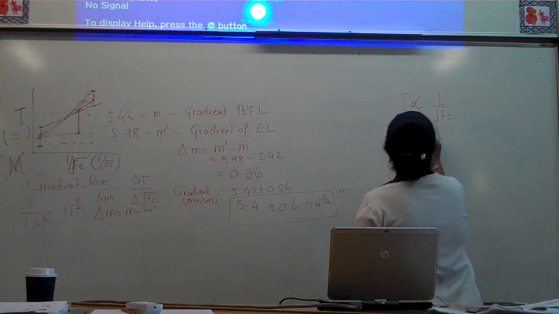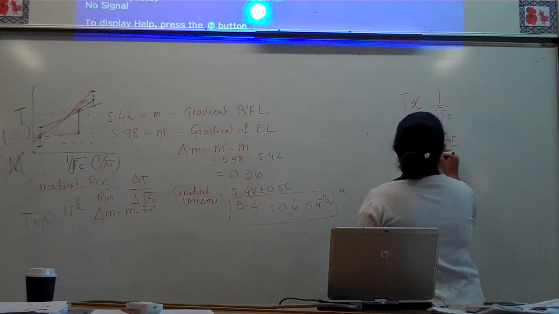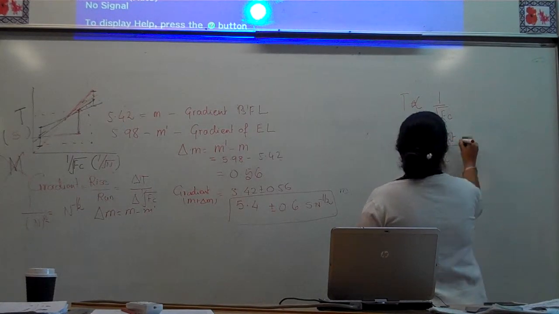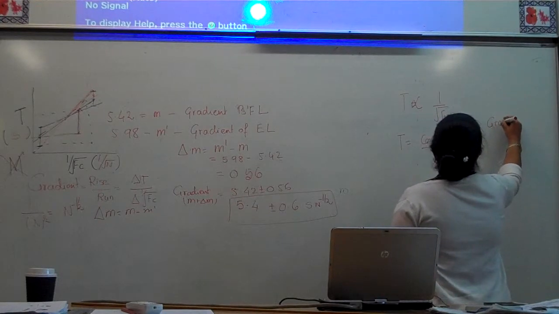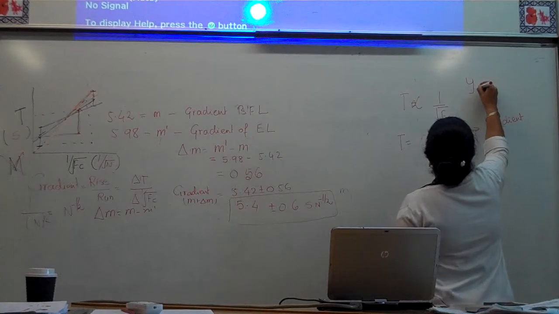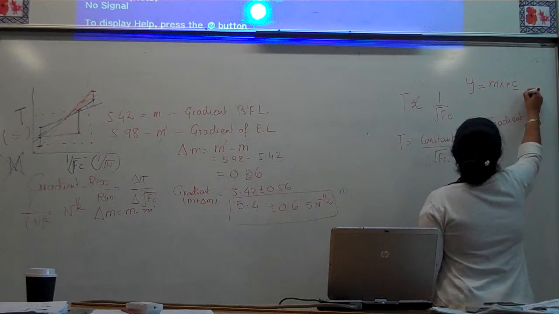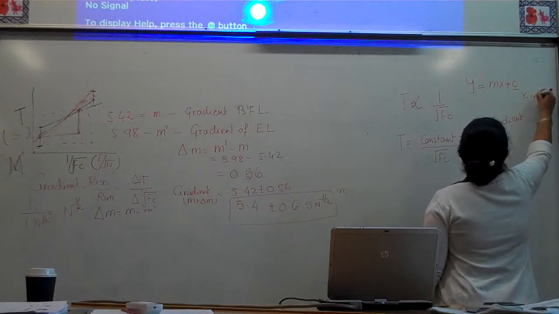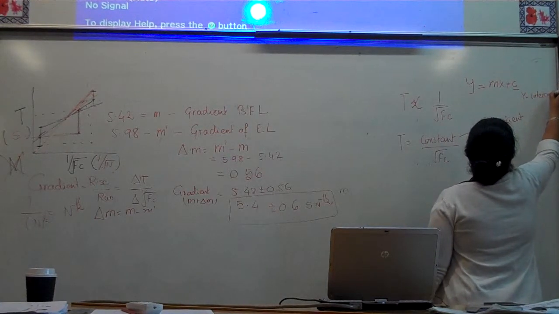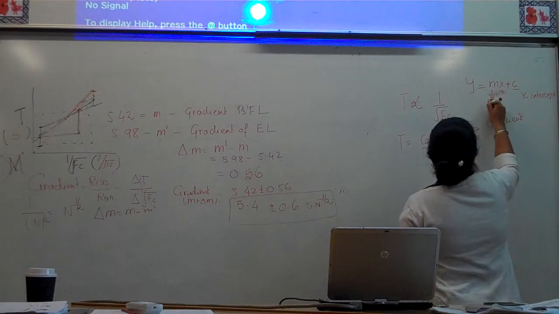Time period is a constant divided by square root fc. And what is this constant? The gradient. And this is all coming from the equation mx plus c, where c is the y-intercept, x is the x value, and m is the gradient.